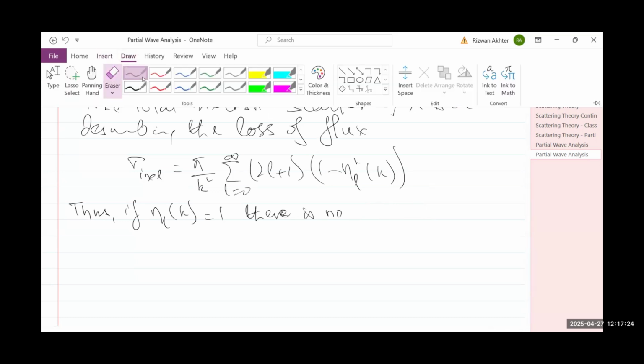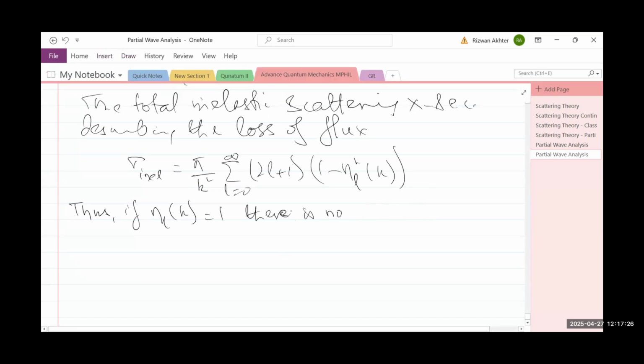But if eta_L of k becomes zero, it implies total absorption.